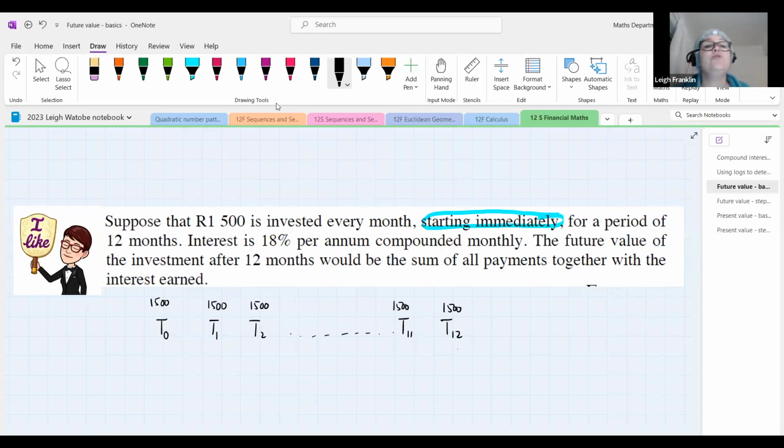The interest rate doesn't change from start to end. It is 18%, so that's 0.18 compounded monthly, and we would have to divide that by 12.